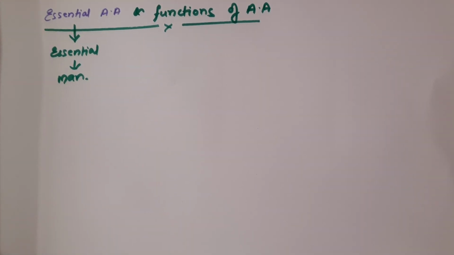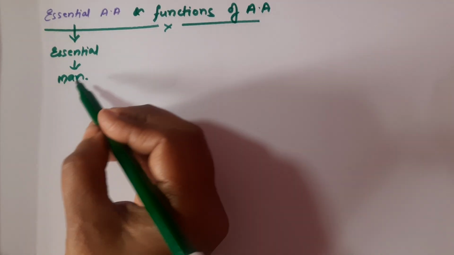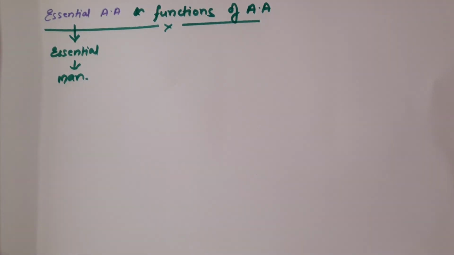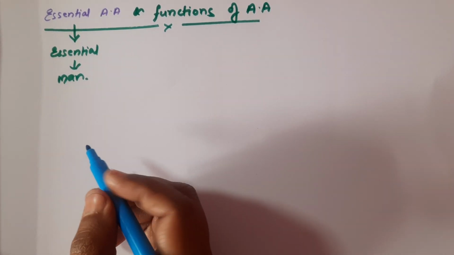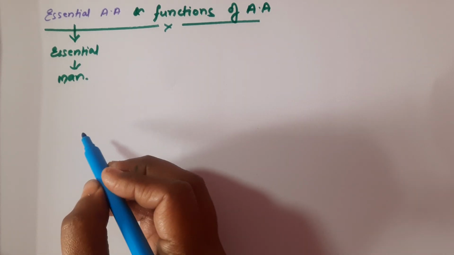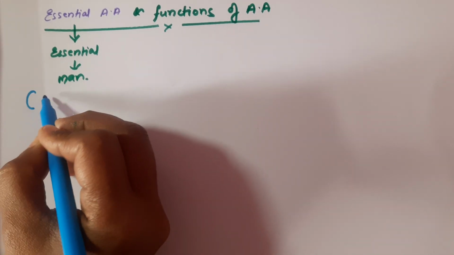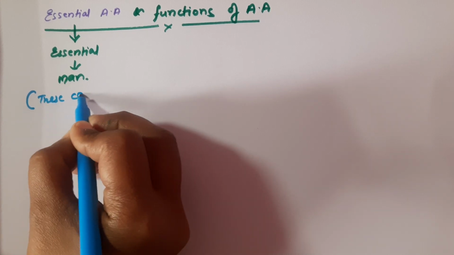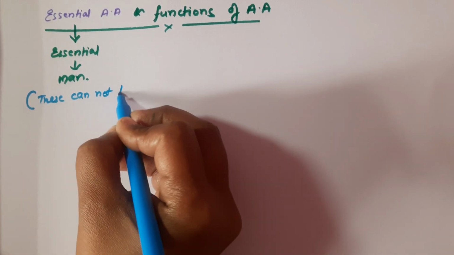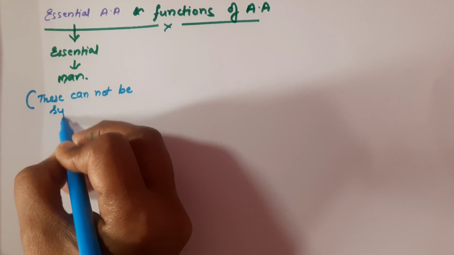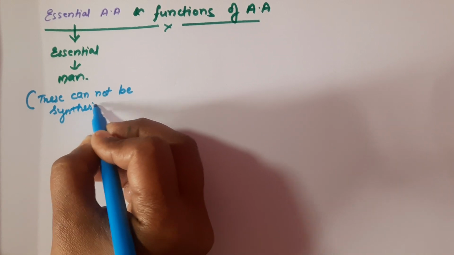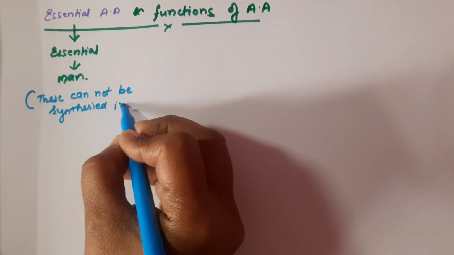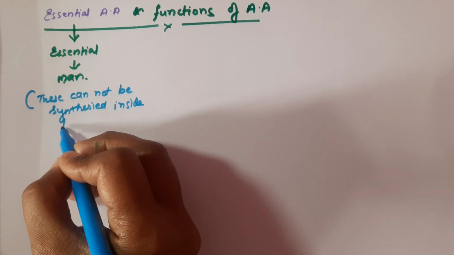Because they cannot be synthesized inside the cells. So if it asks what essential amino acids are, you have to write that they are essential for us because these cannot be synthesized inside the cells.